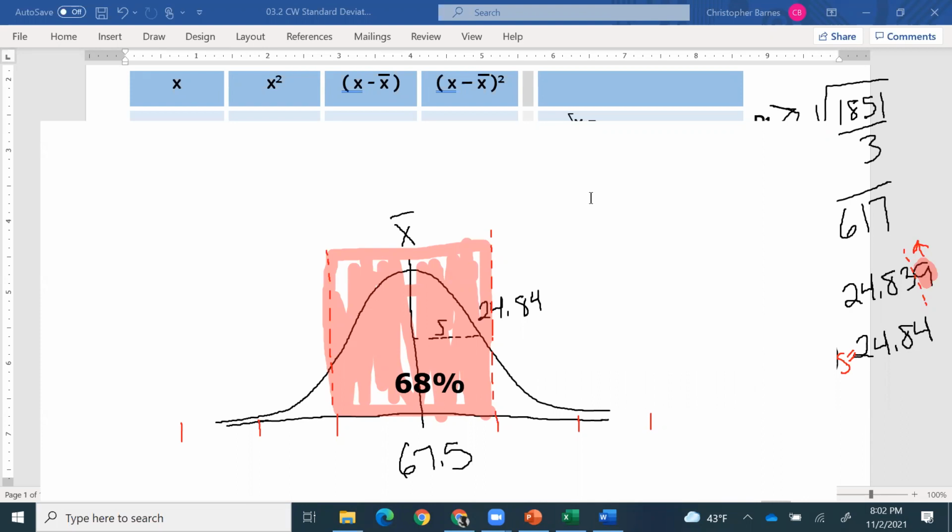It also goes so far as to talk about what exists two standard deviations above and below the mean, which would be all of this area, including the red area.